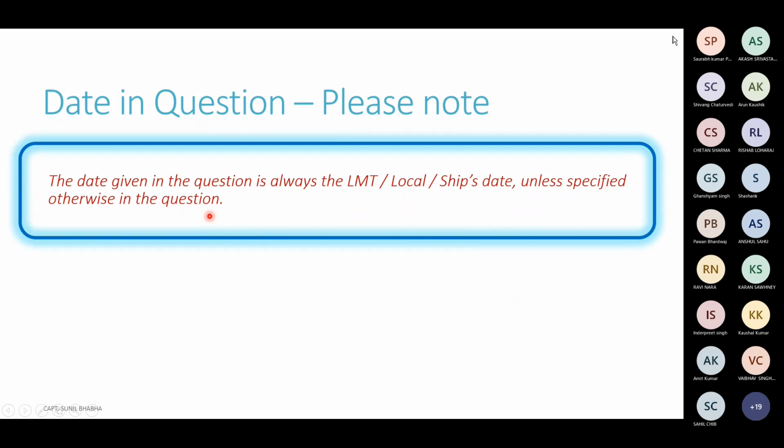A very important point as far as the questions are concerned, because if you get confused with the date and you take it wrongly, the entire question will become wrong. So always remember this. The date given in the question is always the LMT date or local date or ship's date, unless specified otherwise in the question.